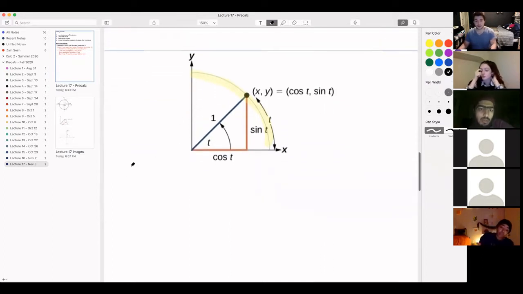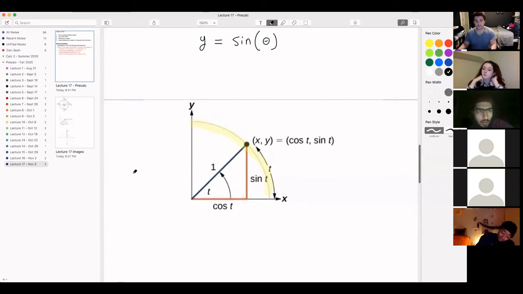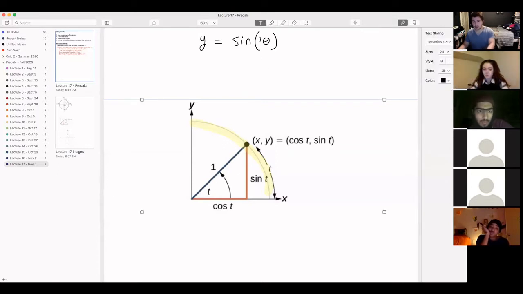Is t sine because of the opposite angle thing or no? Is t, okay, so t is just this angle right here. No, what I mean, like for the size, like is there a reason the x has to be cosine instead of sine? Oh, right, because if the x coordinate is cosine of t, then that means we traveled horizontally cosine of t units.